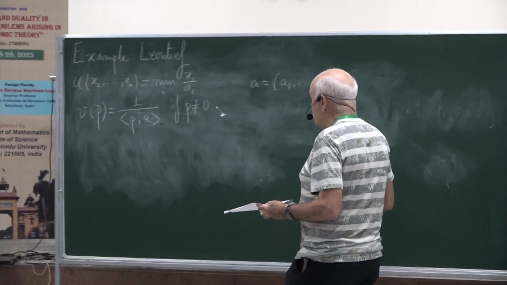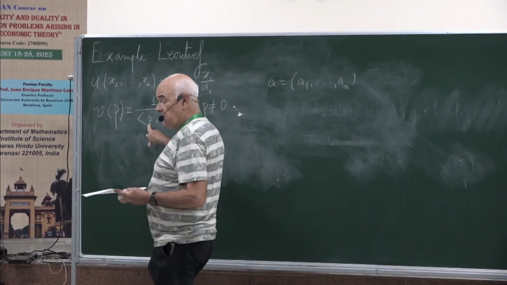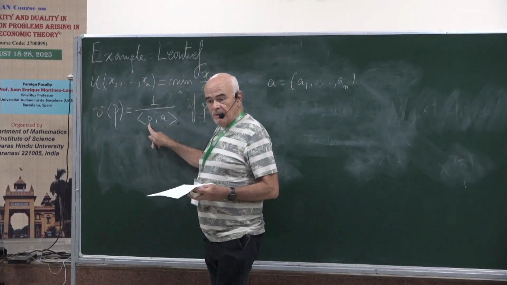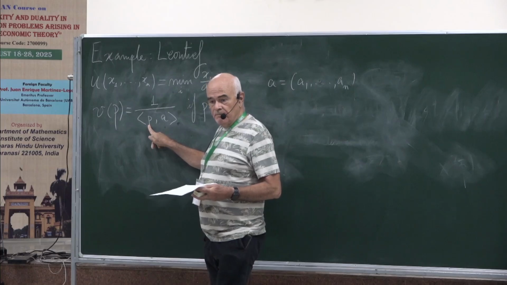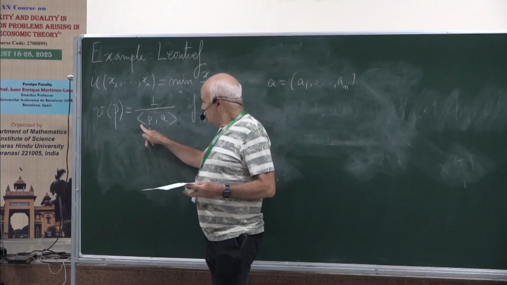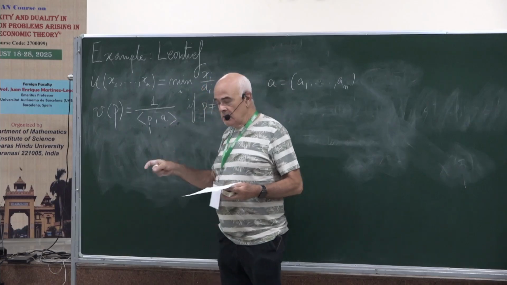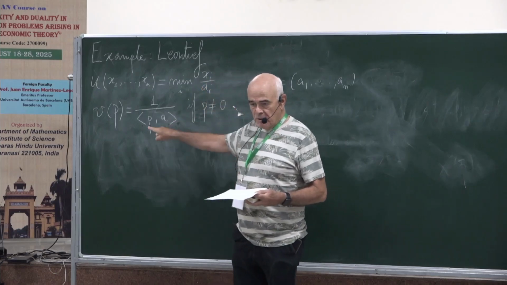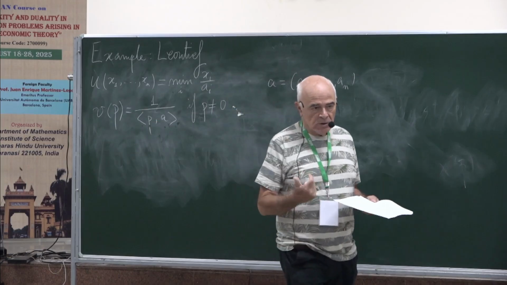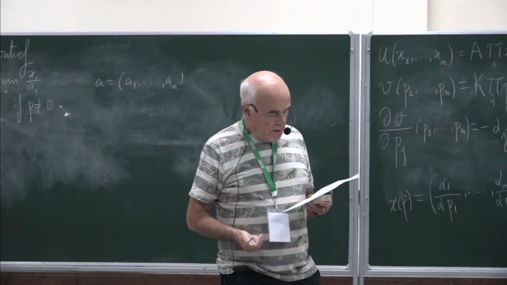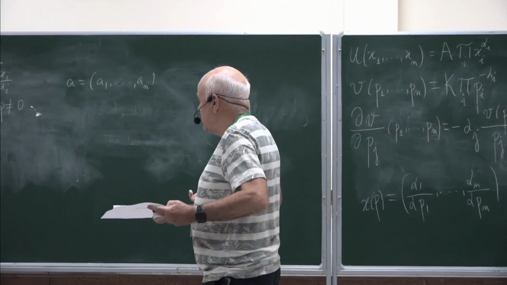And this function on the interior of the domain is differentiable. This makes sense in the denominator as long as P is different from 0, because A is strictly positive and P is non-negative. Okay, so this would be strictly positive. And then it is differentiable.